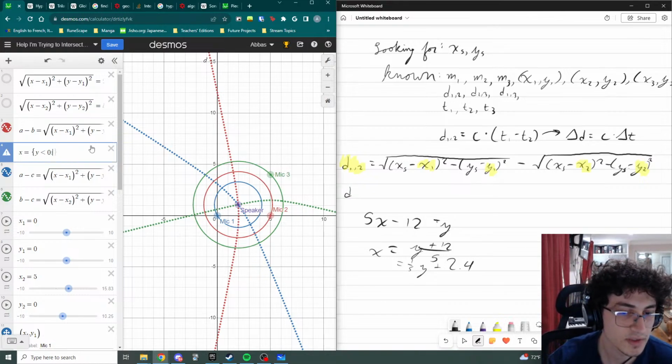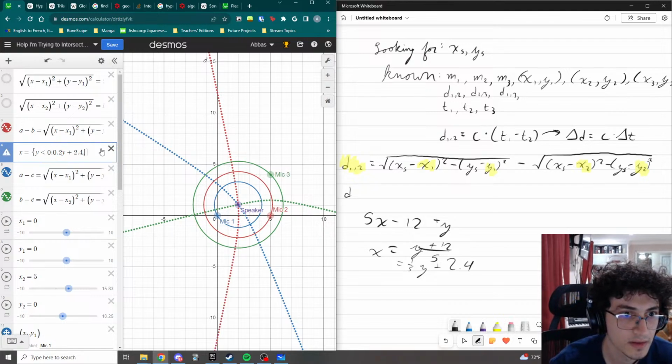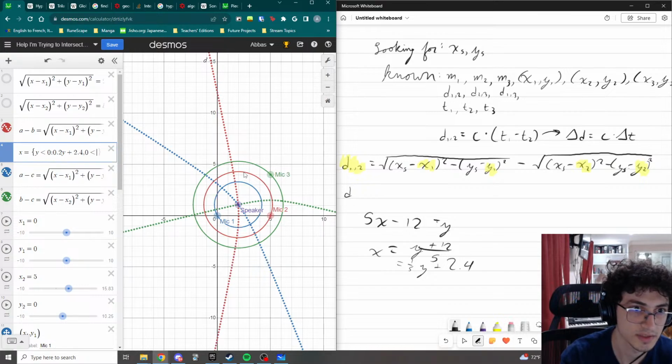This has to be defined as 0.2y plus 2.4, right? And then when y is between 0 and 2, x is defined as just 2.